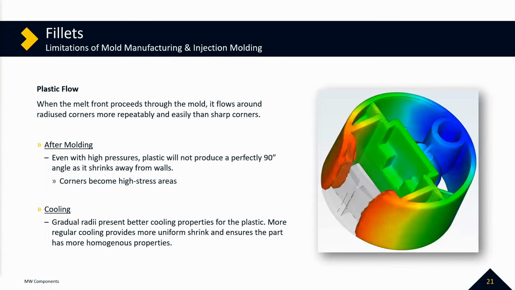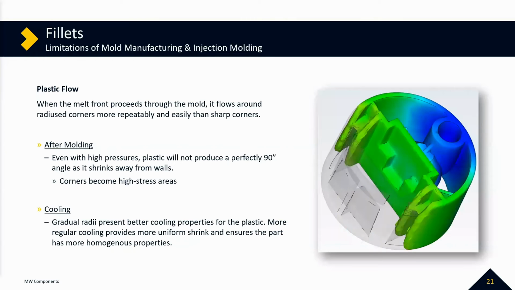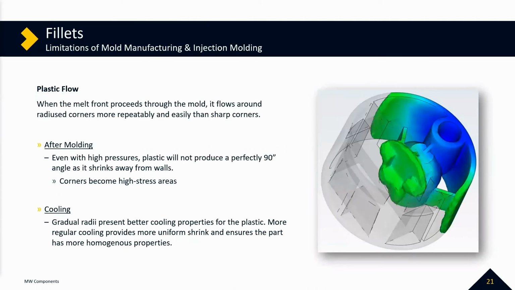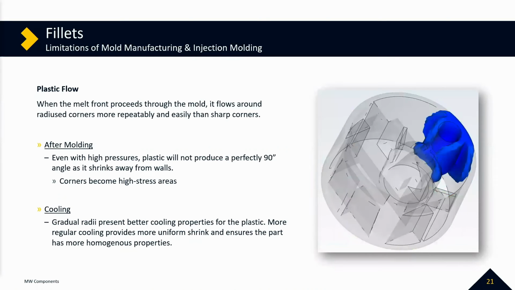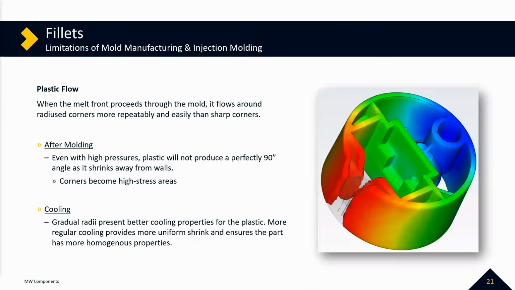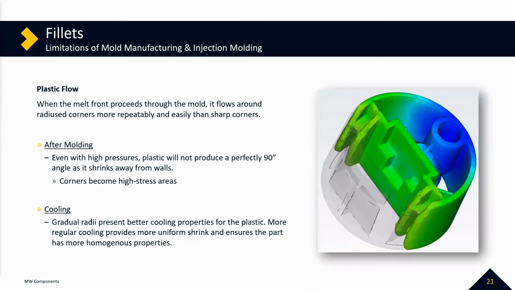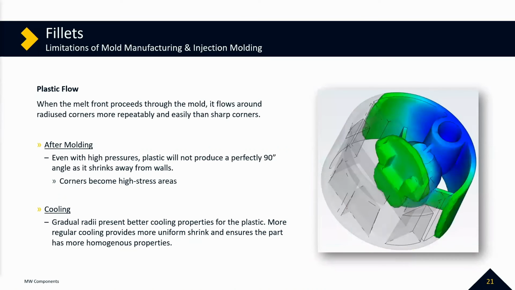So if you're not cooling uniformly through your entire part, you're going to be shrinking at different rates. And if you shrink at different rates on your part, you're going to see warping and deformations out of the mold. A perfectly flat piece, or what should be a perfectly flat piece in steel, you could see come out of the mold and warp into a potato chip kind of shape or something like that.